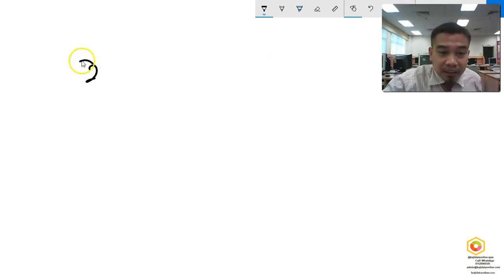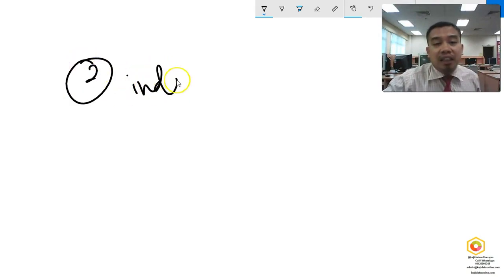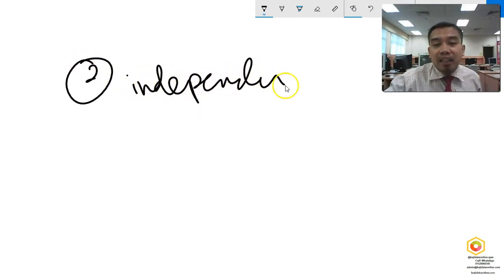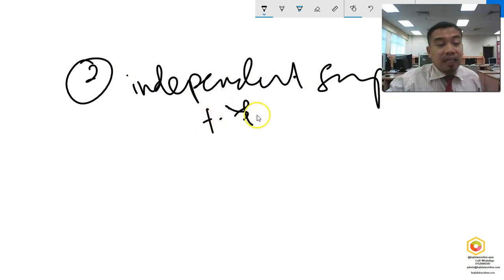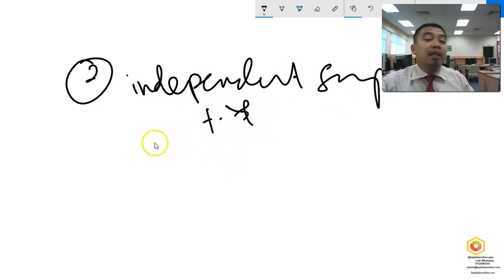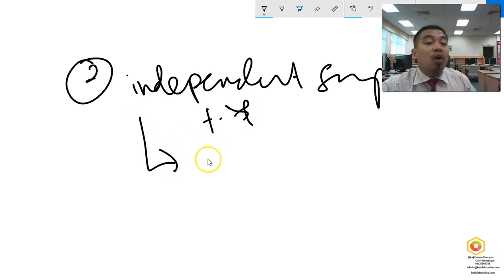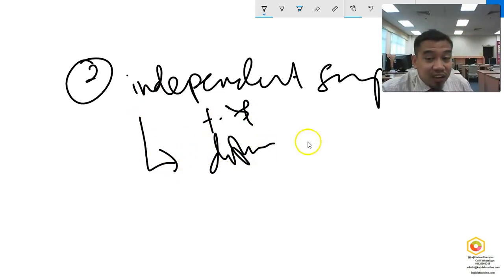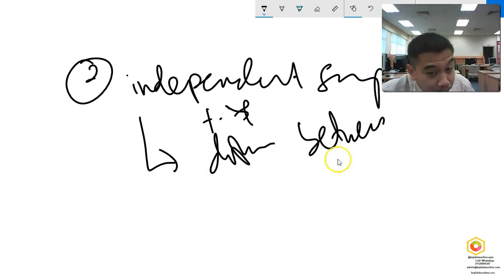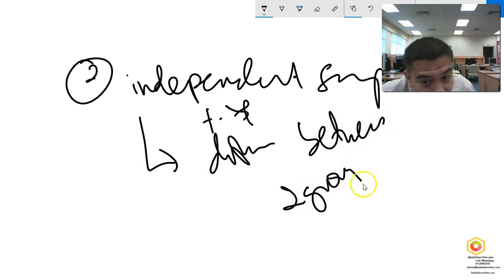The next one, the second one, we call the independent sample T-test. As I mentioned to you before, it is used for measuring the differences between how many groups? Two groups only.